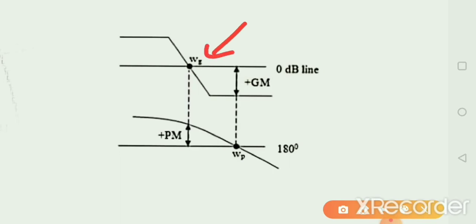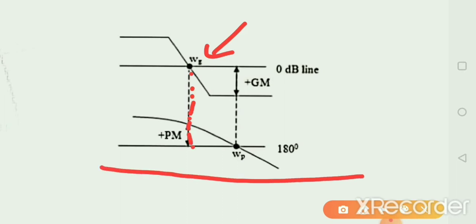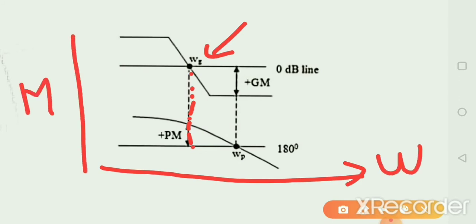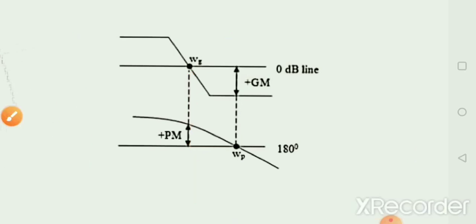We make a line from here to here, and this is the frequency domain and this is the magnitude domain. Whatever value we get in the frequency domain here, this is the gain cross over frequency.